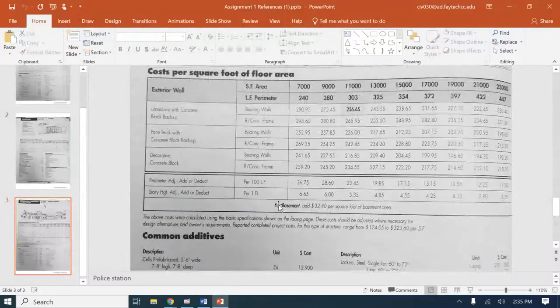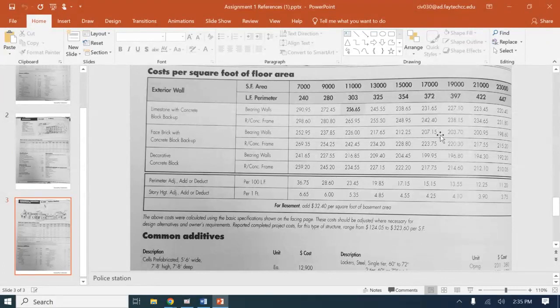We are going to be at 18,700. So if I'm looking in here, I'm coming down to face brick with concrete block backup bearing walls, which is this column, for 17,000.